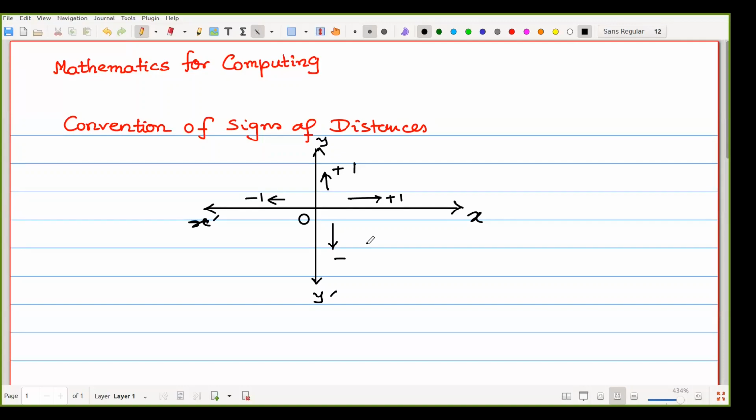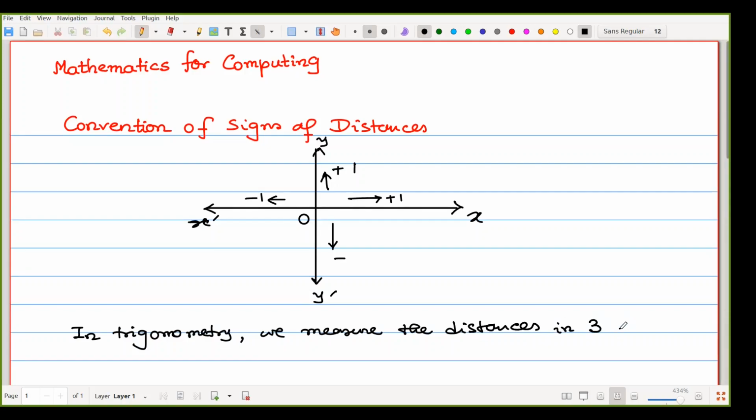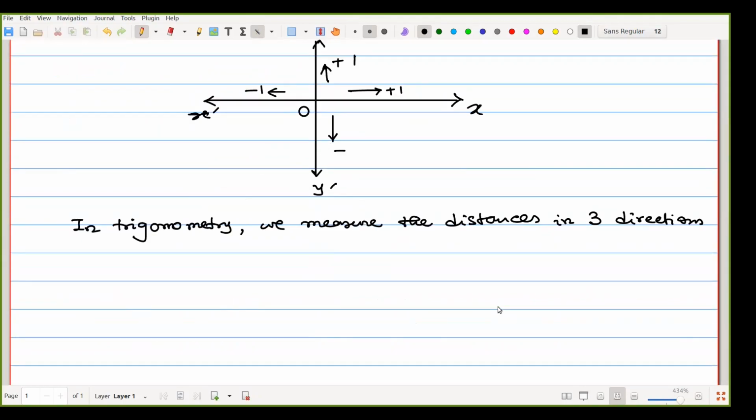Now, in trigonometry, we measure the distances in 3 directions. The first one is the horizontal.